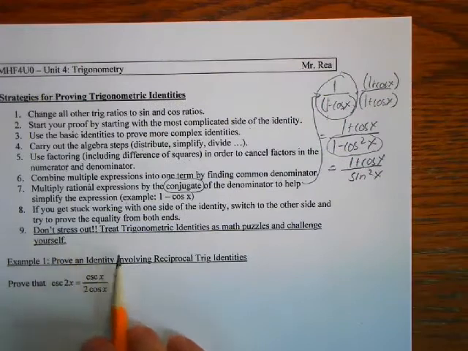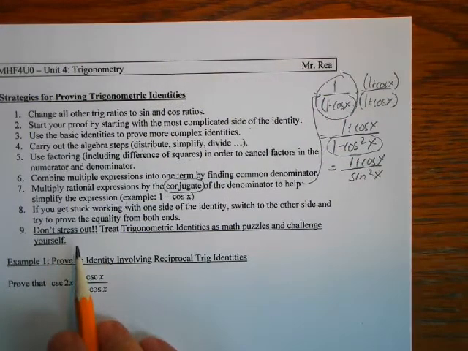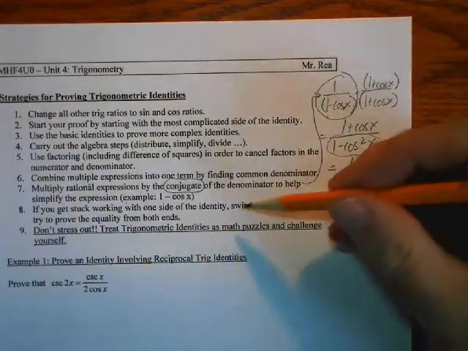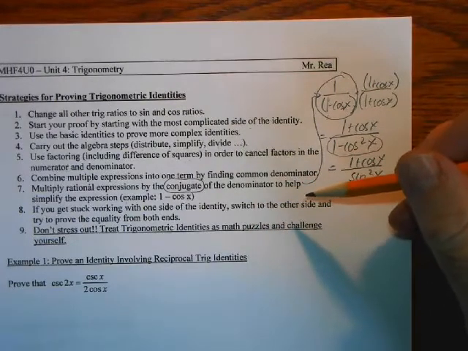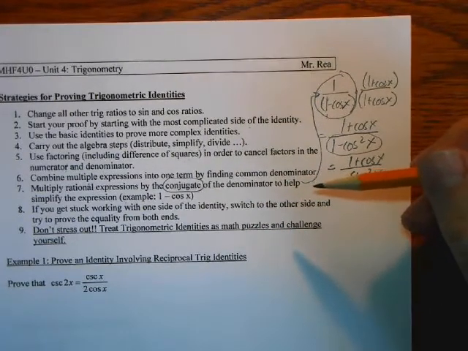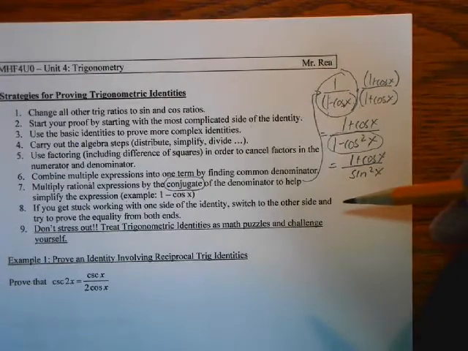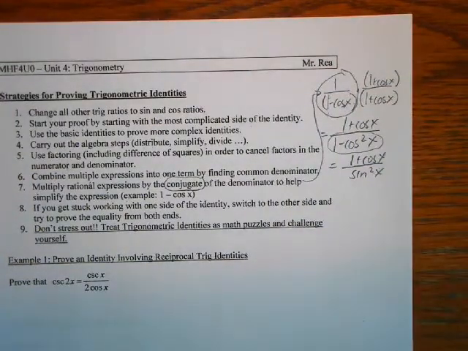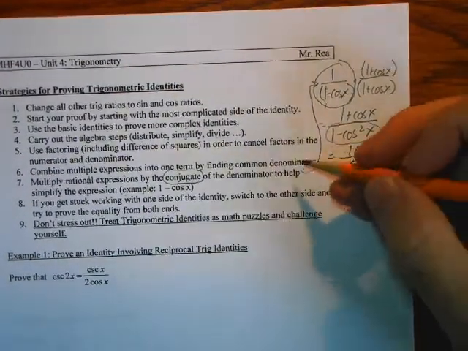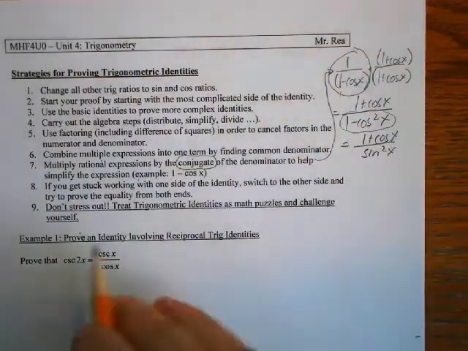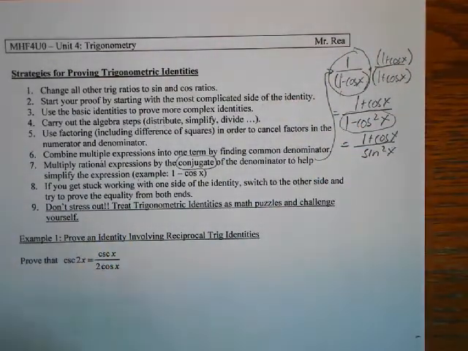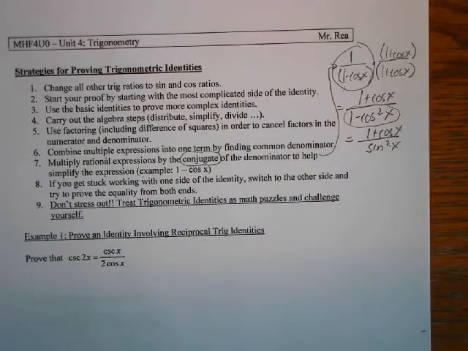Okay, and the last thing here, don't stress out. Try to treat these identities as puzzles, math puzzles, and challenge yourself. And I know that might sound a little bit nerdy, but the thing is, even when I'm doing the same trig identities year after year, you don't remember exactly what you're going to do when you look at the question.